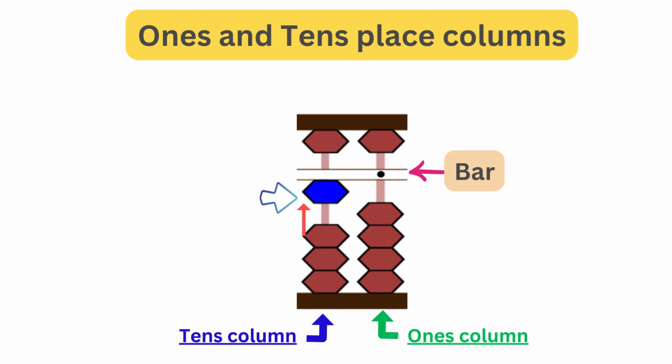There is one lower bead in the tens column attached to the bar, so it has a value of 10. We write the total number of beads, which is 1 in this example, on top of the tens column. And in the ones column, there are no beads attached to the bar, so we write 0 on top of the ones column. That means this abacus has a value of 10.